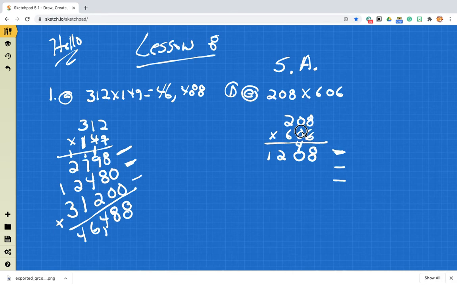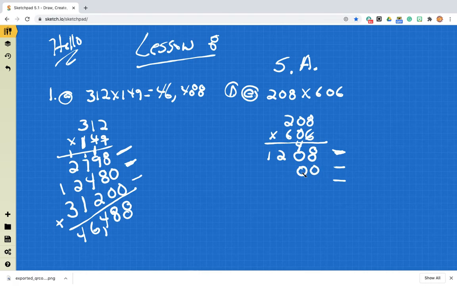My next partial product is going to be the product of 208 and 0. So 0 tens times 8 is 0 tens. And you have to have a 0 there for a placeholder, right?